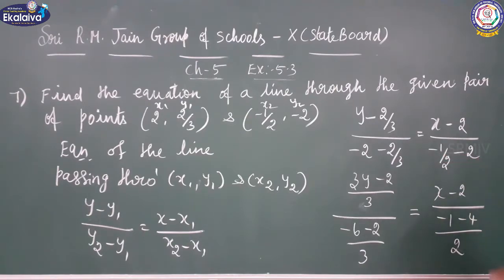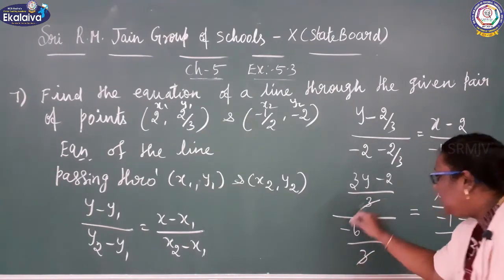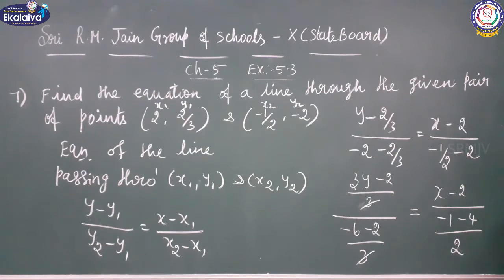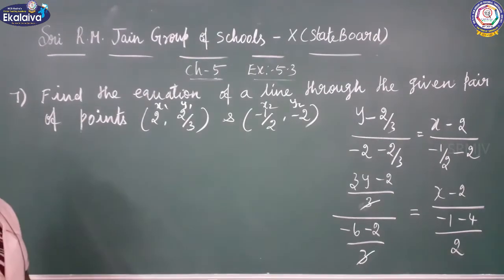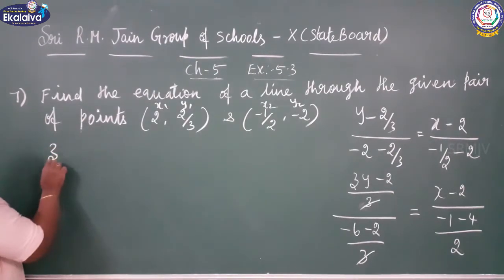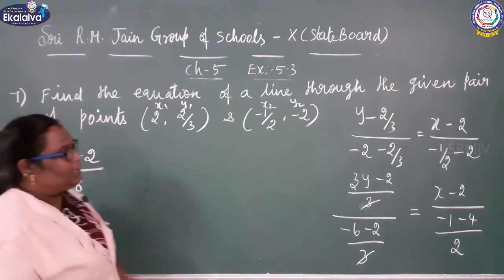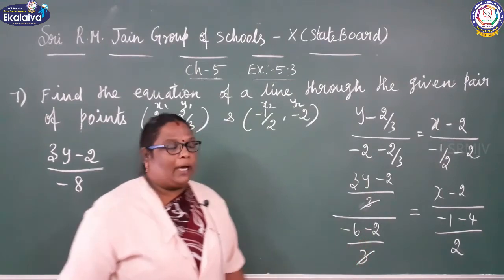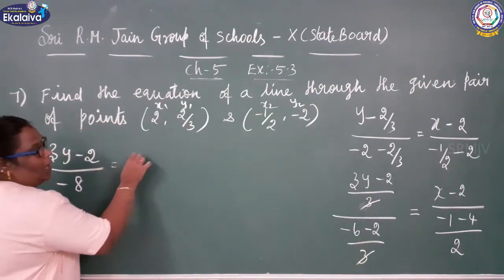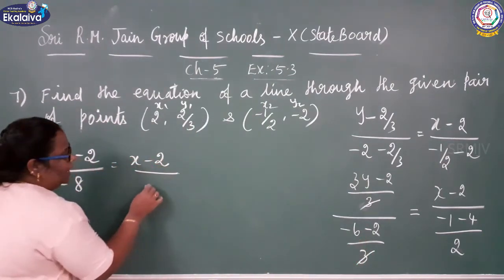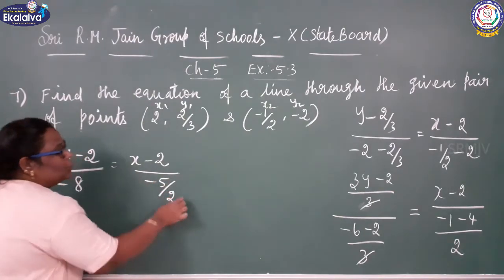The 3 gets cancelled. See here, 3y minus 2 by minus 8 equal to x minus 2 by minus 5 by 2.